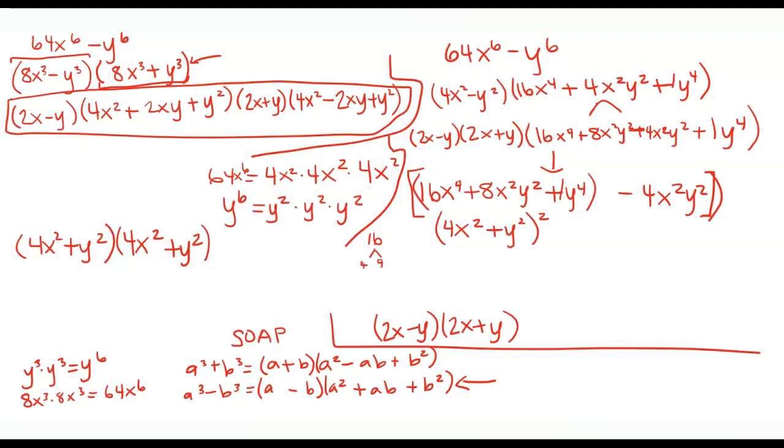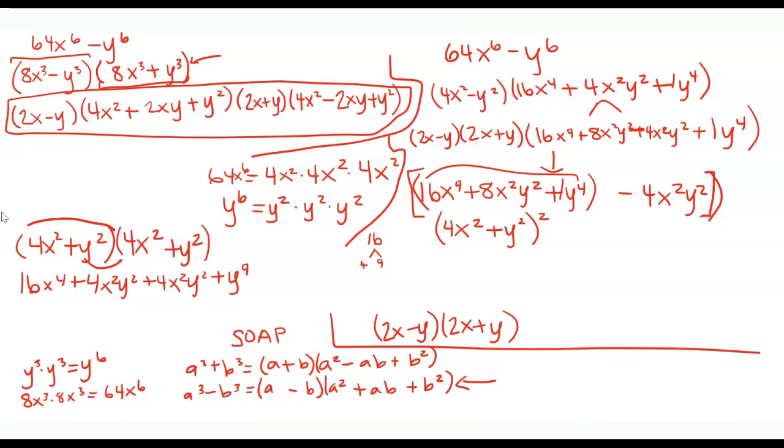So we multiply that out using FOIL, so we get 16x to the 4th plus 4x squared y squared plus 4x squared y squared plus y to the 4th, and we can see that is going to work out to be 16x to the 4th plus 8x squared y squared plus 1y to the 4th.